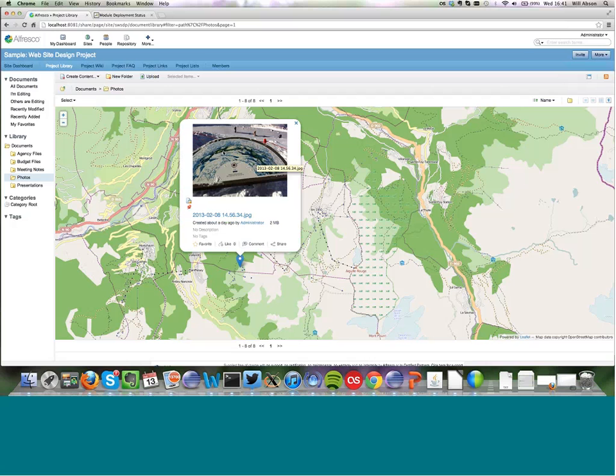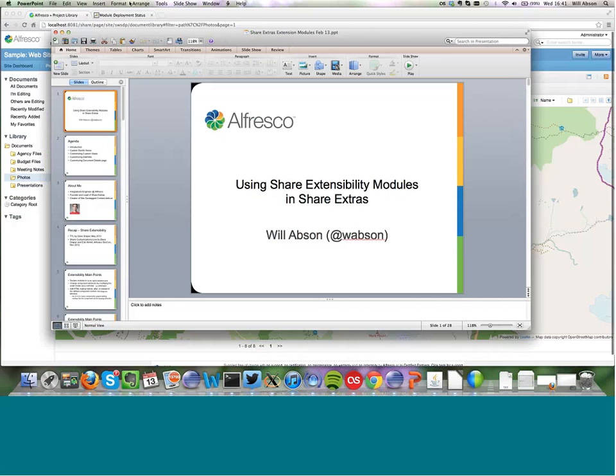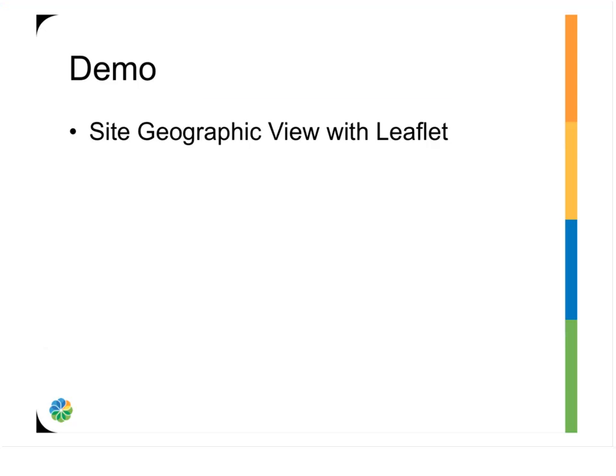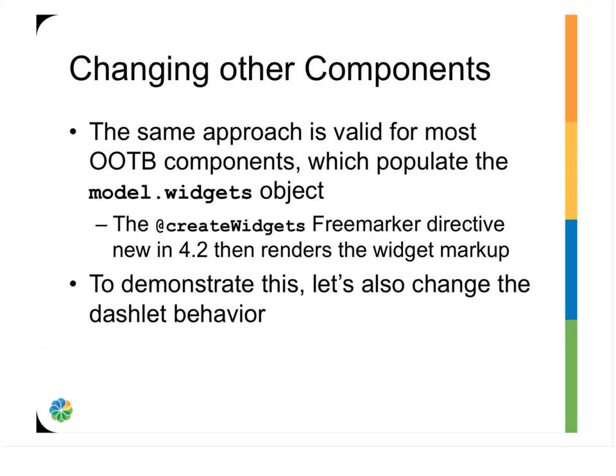So there we go. The last thing I want to demonstrate with this add-on, if I come back to the slides, okay. We can do a similar thing to that with other out-of-the-box components with Alfresco.